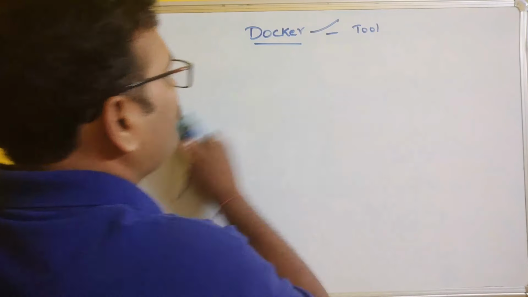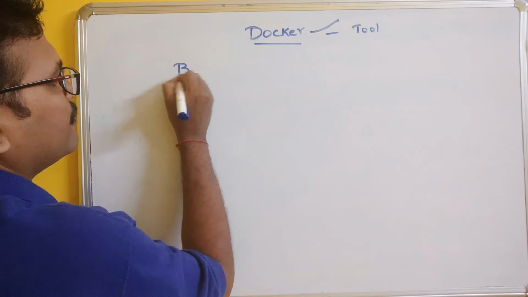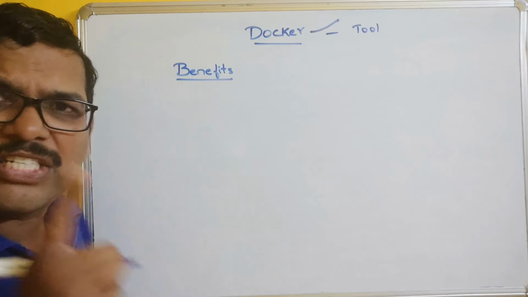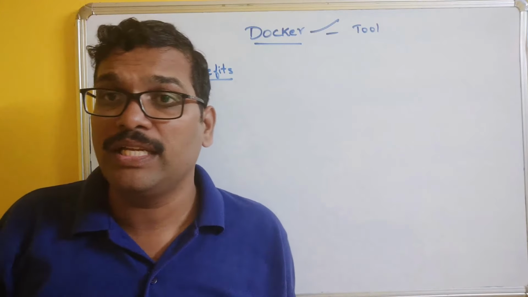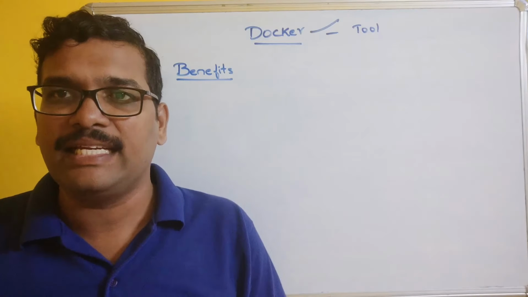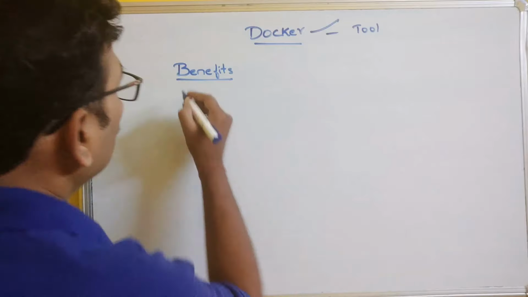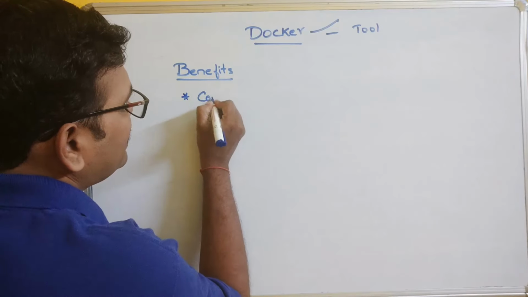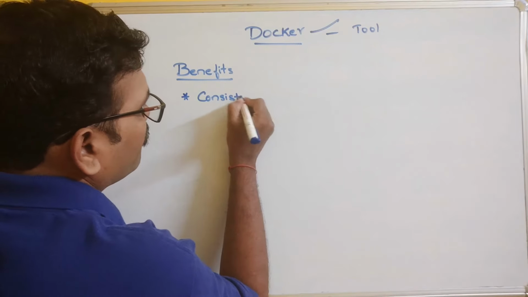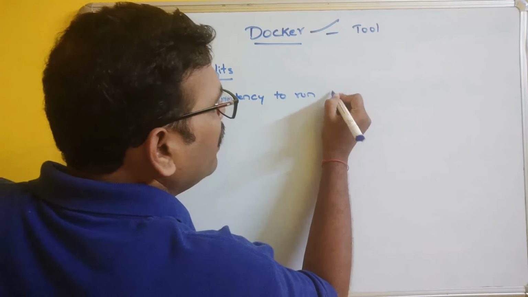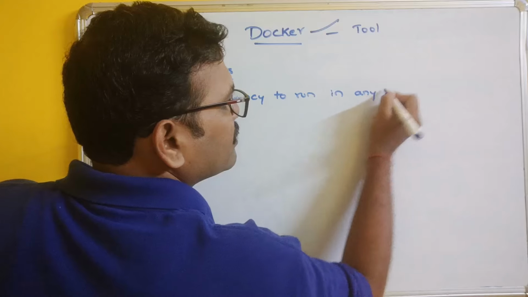The next one is the benefits. What are the benefits of Docker? The first and foremost benefit, as we have just seen, is that it maintains consistency to run the application in any environment. So the first one is consistency to run in any environments.